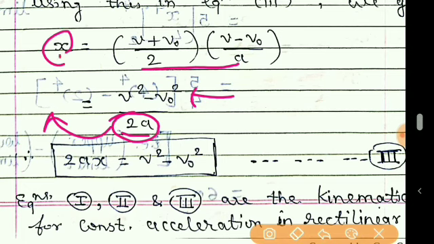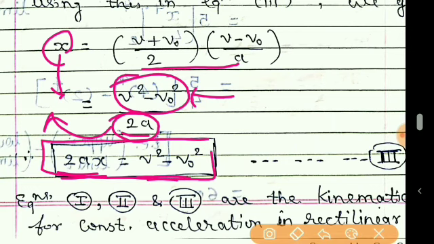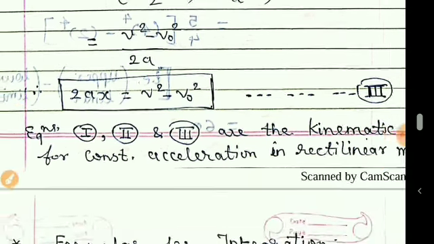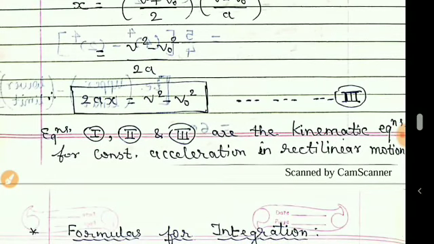Already x is here, so x into 2a, that is 2ax. What remains on the right hand side? It is v square minus v naught square. So this is the third equation. So students, these are the three kinematic equations.